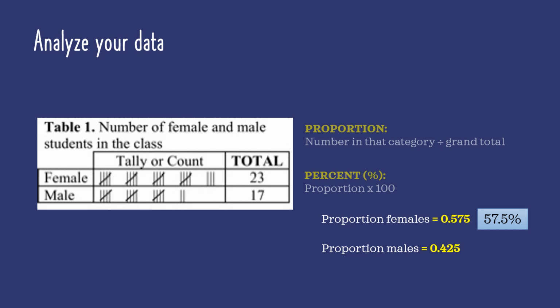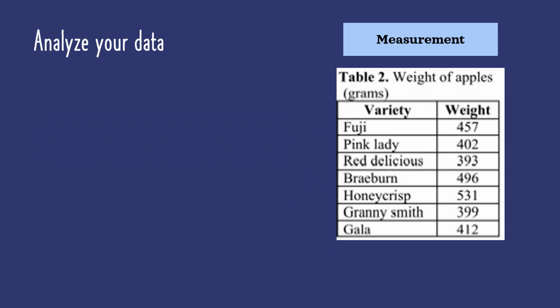So 57.5% of the class is female students. The rest, 42.5%, are male. Notice again that the proportions add up to 1 in the same way that percents add up to a 100% whole. Next, let's practice analyzing measurement data.